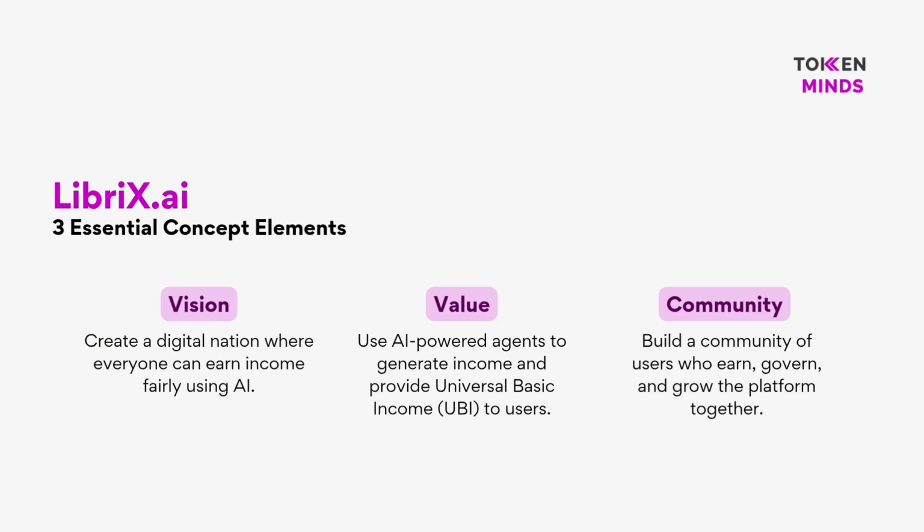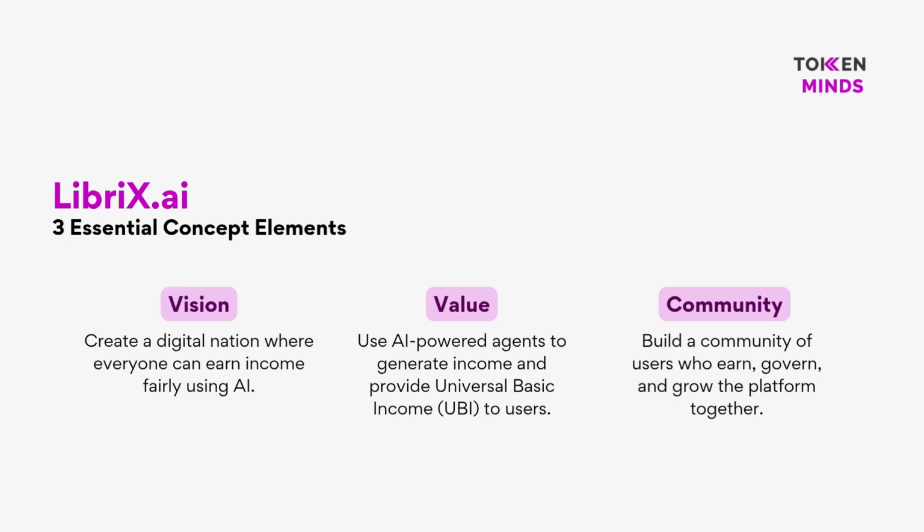Well, for Librix, users don't just get access, they get actual earning power through AI agents, and we're talking about universal basic income, or UBI, powered by algorithms. So that's a major unlock. Then community, finally, it's not just about having users. Librix is about building a citizen base, people who earn, participate, govern, and grow the platform together. So that's Web3 at its best.